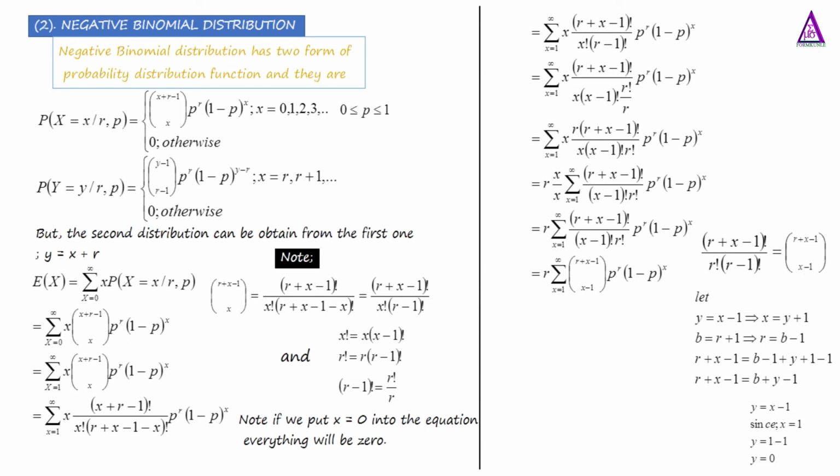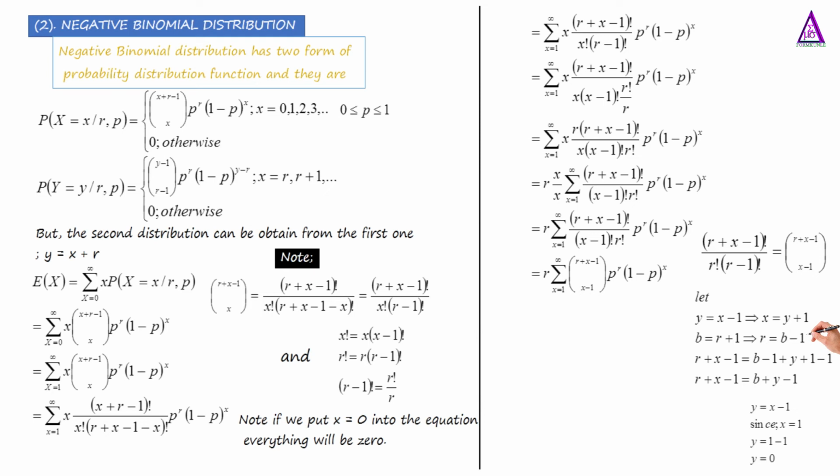Now we want to make the last equation look like the first probability distribution function of the negative binomial. Say that y equals x minus 1, which implies that x equals y plus 1, and b equals r plus 1, which means that r equals b minus 1.